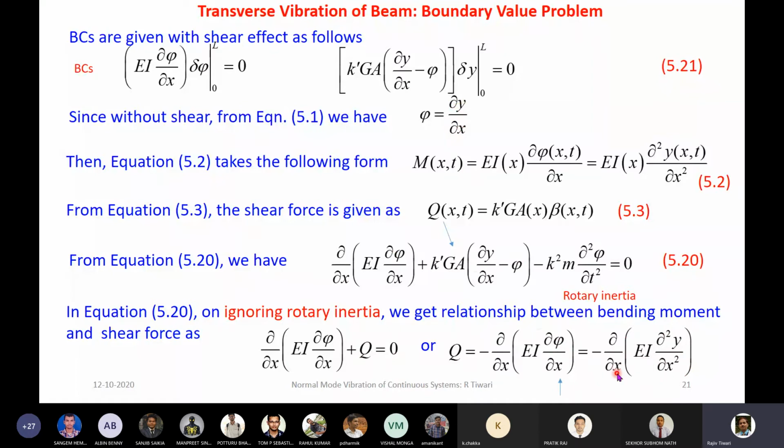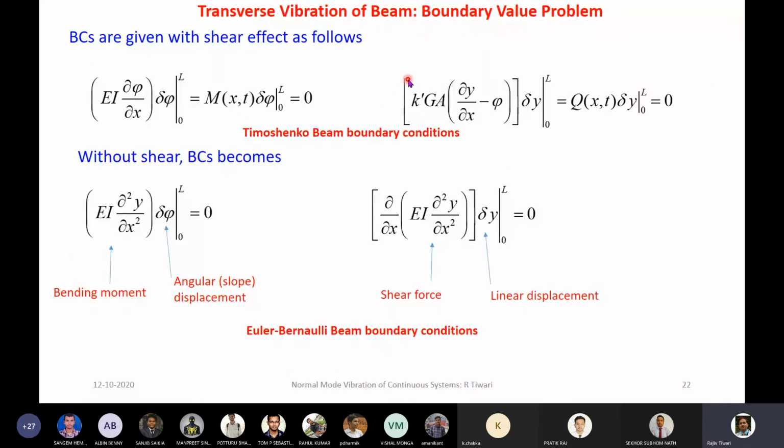Here EI has been kept outside because EI can change with x. So this formulation is more general. Now with this understanding, as I mentioned, this is the shear force, so this can be written as shear force.